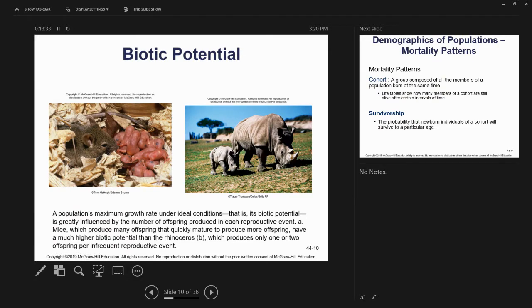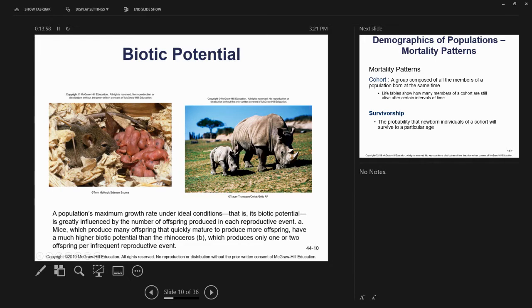So biotic potential, the maximum growth under ideal conditions, is influenced by the number of offspring that each reproductive event results in as well. So, for example, mice, a lot of different rodents, insects, lots and lots of individuals with each reproductive event, that population can grow really quickly.